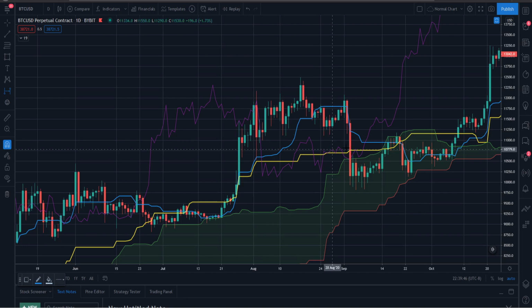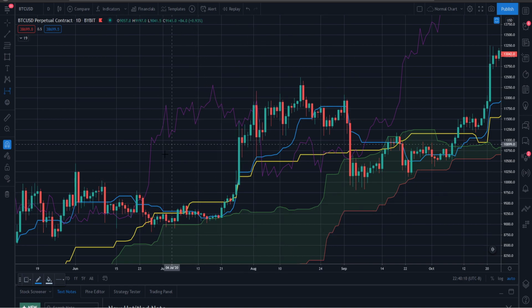You have your yellow line, and these are very important, by the way. Your yellow line here is called your Kijun-sen, or Kijun for short. And this is your baseline. And then you have your cloud. So this is the Ichimoku Cloud right here. You have the green line, the red line, and this really signifies important support and resistance for price.